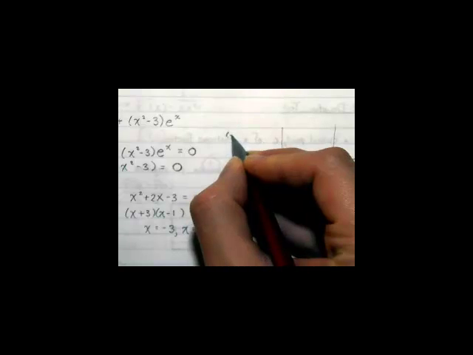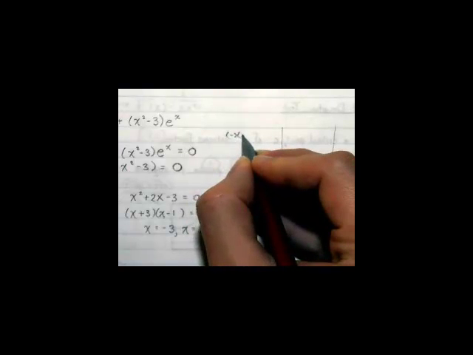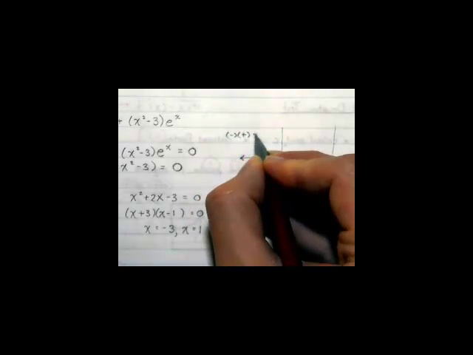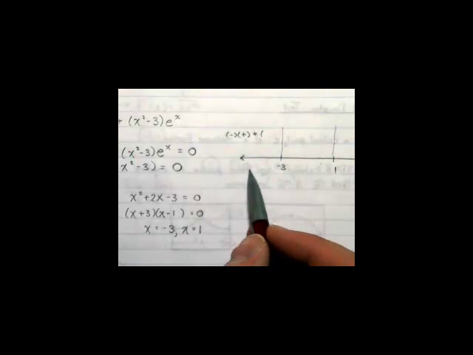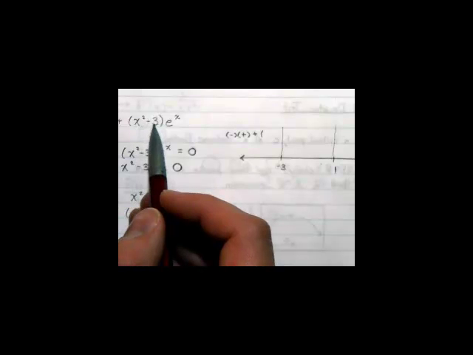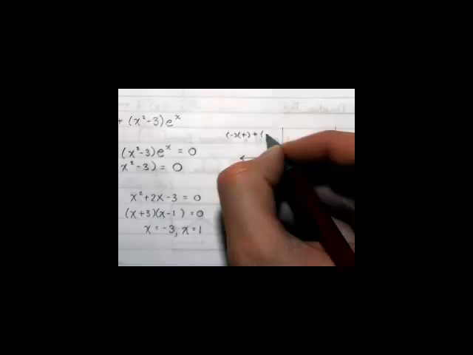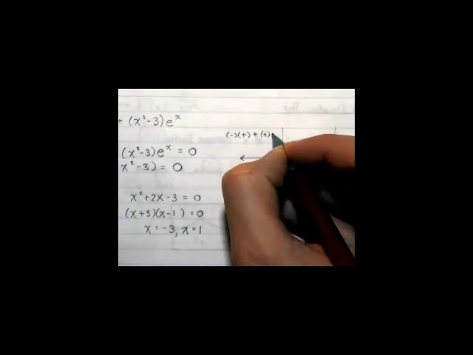Negative. E to the x, positive, plus a number less than -3 into x squared minus 3. That would be positive. And then e to the x, positive. So if I do a negative times a positive plus a positive times a positive, what's going to be the result?